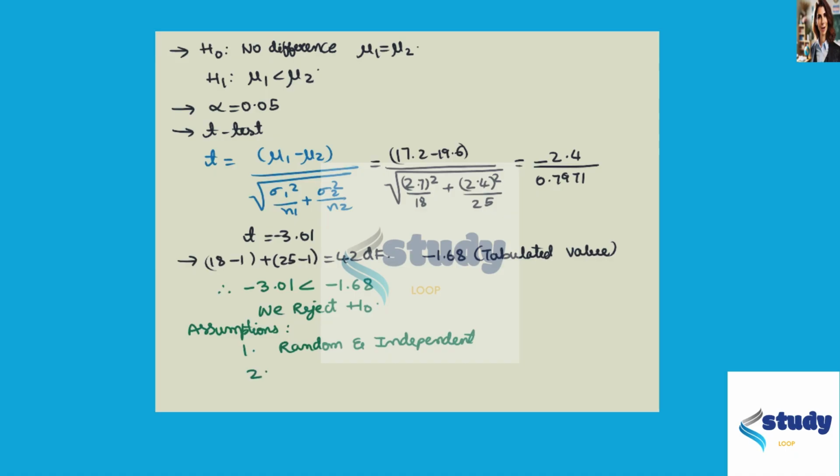The populations are normally distributed. And the third one is the population variances of both the populations are equal. So as per what was asked in the question, the assumptions are these, and this is the conclusion.